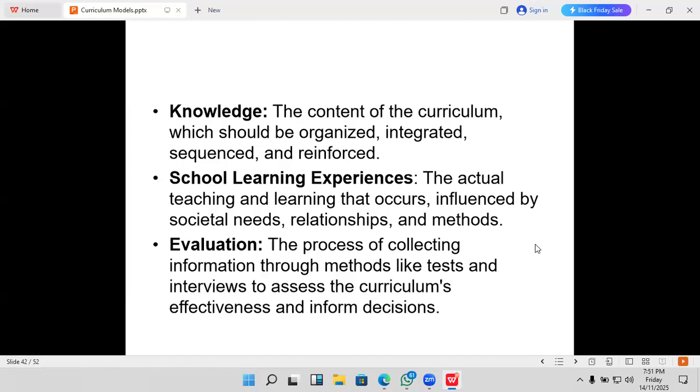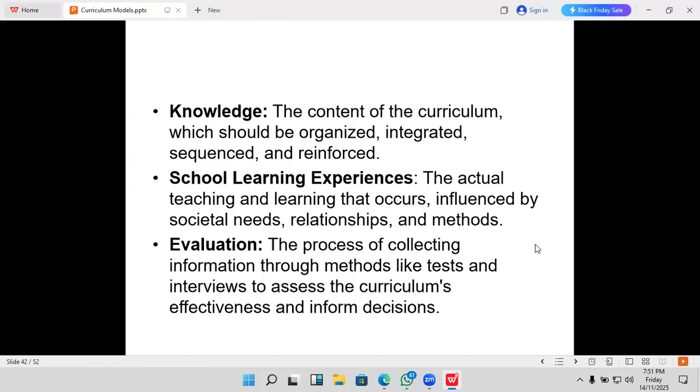There are so many curriculum evaluation models, the goal free model, and one example I can say, the input process output model.